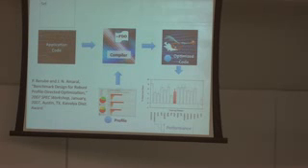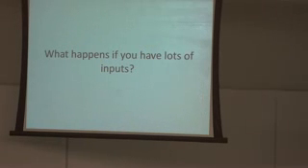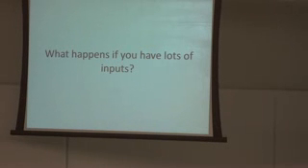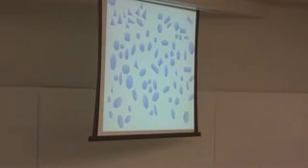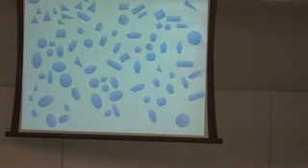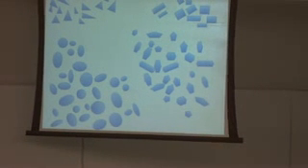So that was a paper in 2007. That paper actually got the best paper award in that workshop. Now, what happens if you have lots of inputs? You cannot afford to do that process for thousands or hundreds of thousands of inputs. So if you have lots of inputs, then what you want to do is cluster the inputs based on their characteristics.